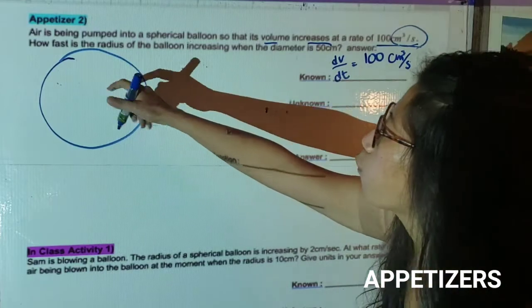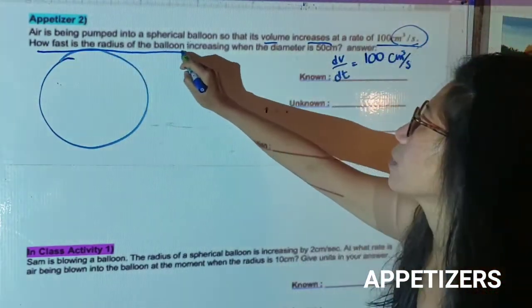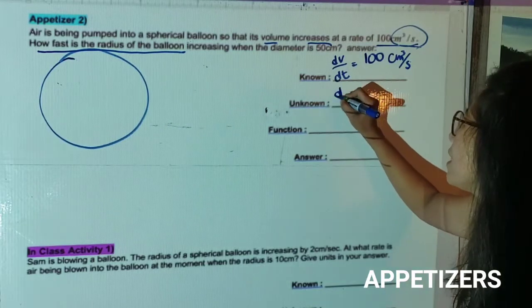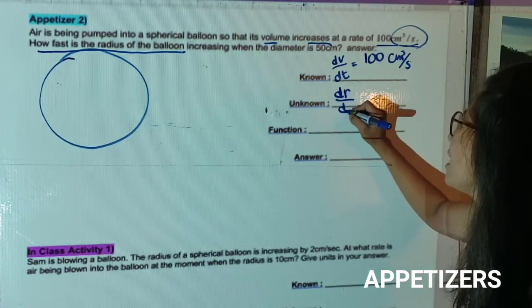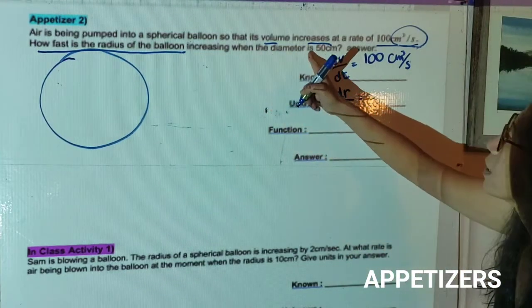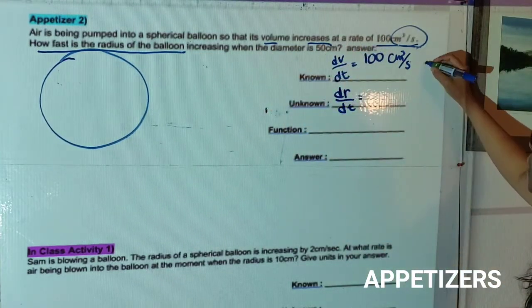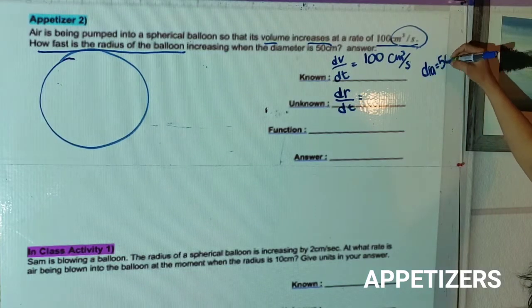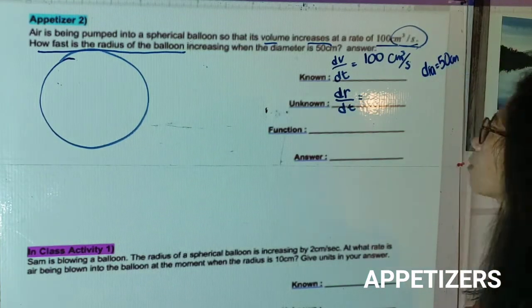And then how fast is the radius increasing? What does that mean? We want to find dr/dt. That's what I'm looking for. So when the diameter is 50 centimeters, this time it's the diameter that is 50 centimeters, not the radius. So you have to be careful.